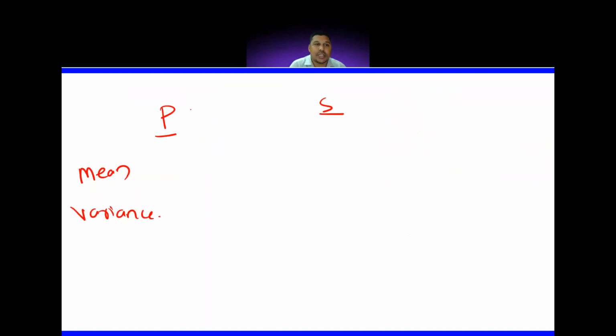So generally for population and sample, we try to calculate two things. One is mean, second one is variance. Here the number of data points is capital N. Here the number of data points is small n.